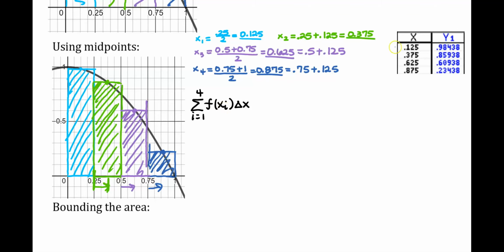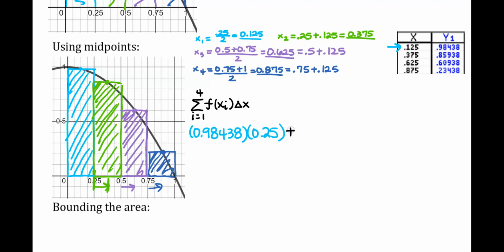When I plug my first x value of 0.125 into the function, we end up with a height of that rectangle being 0.98438, and we're multiplying that by 0.25.